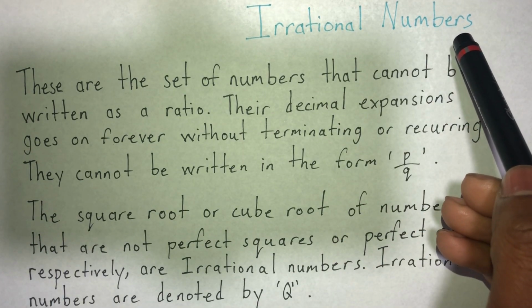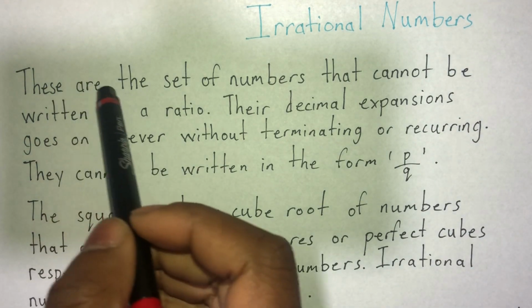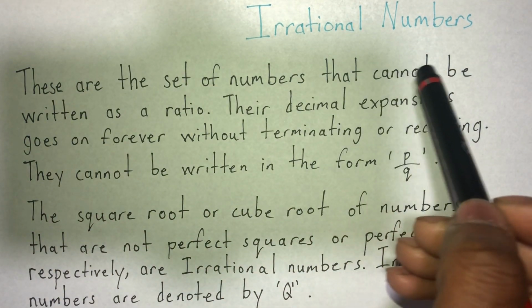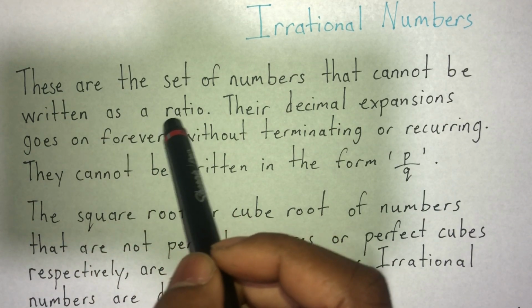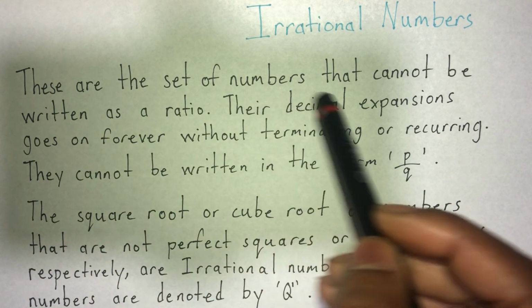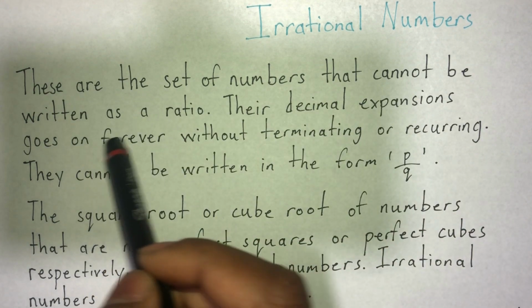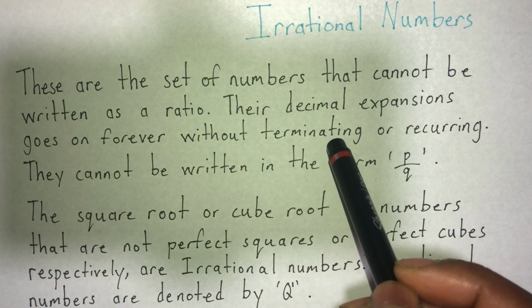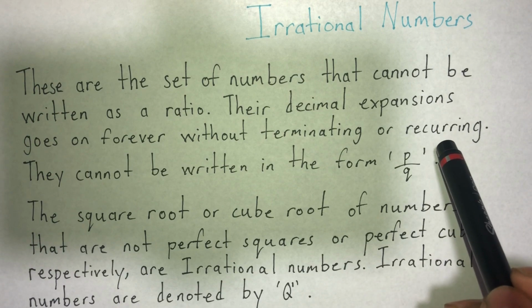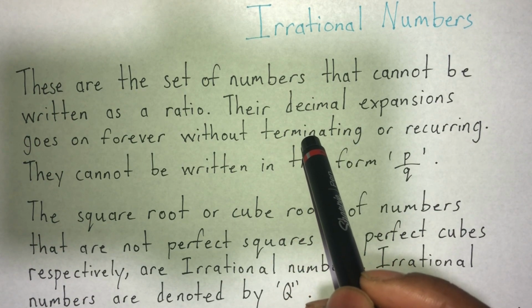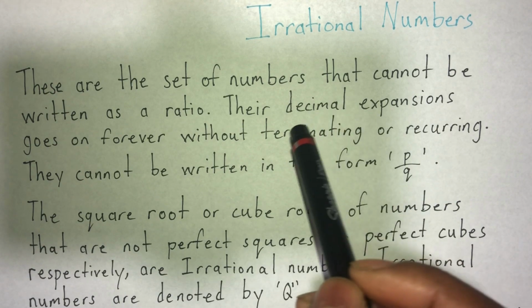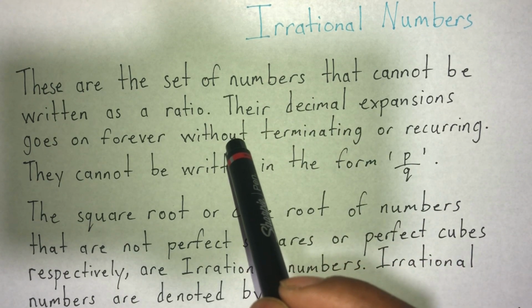Irrational numbers. These are the set of numbers that cannot be written as a ratio or fraction. Their decimal expansions go on forever without terminating or recurring. So one difference to know is that for irrational numbers, the decimal expansion goes on forever.